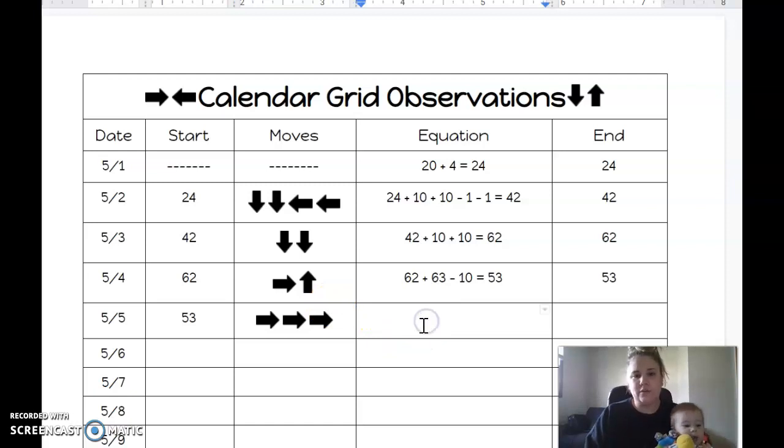And our equation would be 53 plus 1 plus 1 plus 1, which equals, what number did we land on? 56. And we ended on 56.